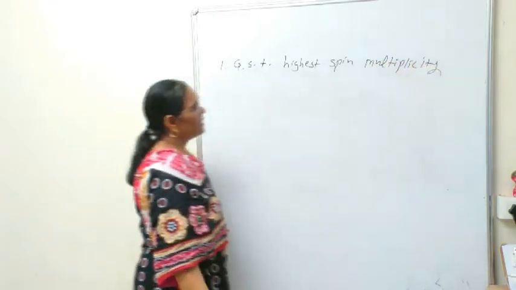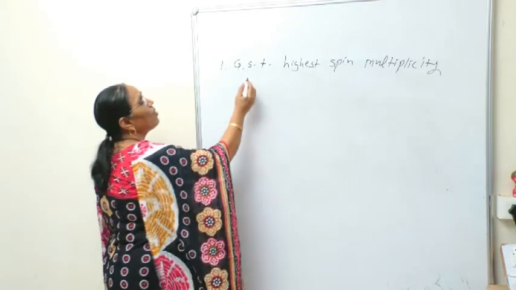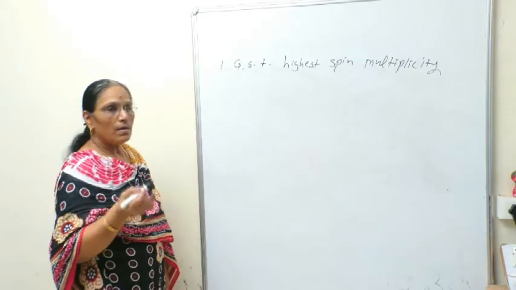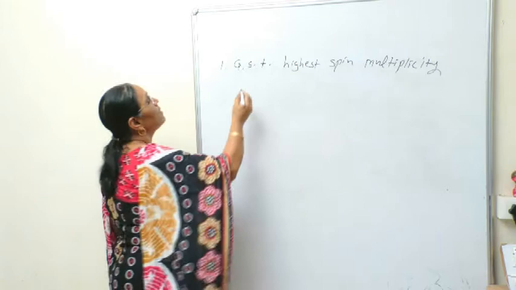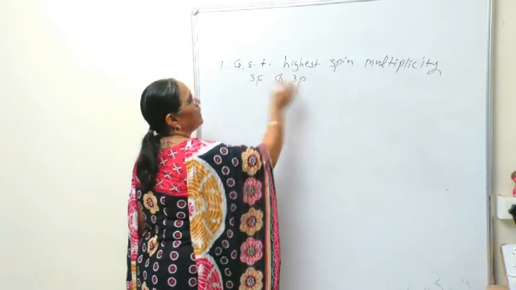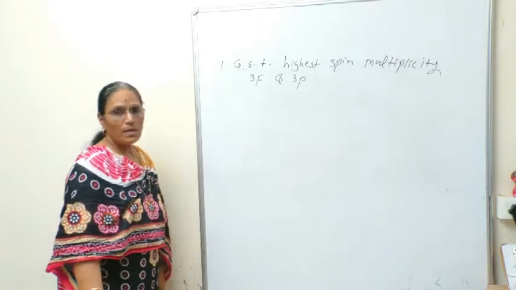So here in this case, for the d2 configuration, we have obtained 2 terms having the same highest spin multiplicity, that is, triplet F and triplet P. So which out of these two should be the ground state?